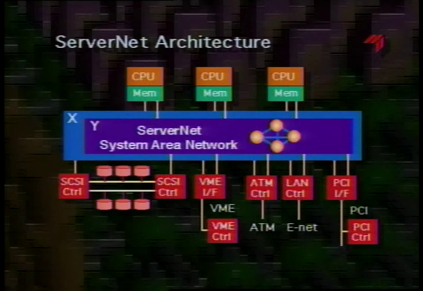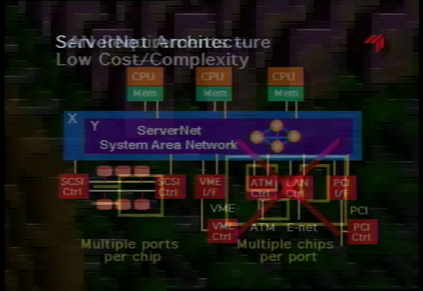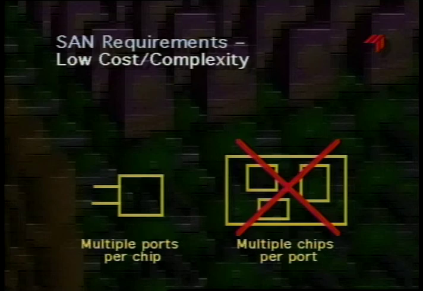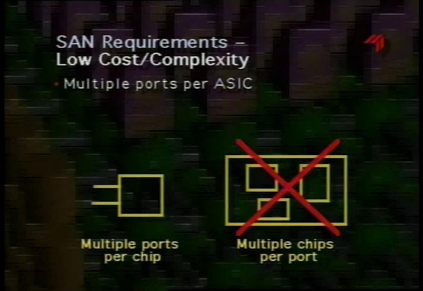The next important requirement for a system area network is cost. From the first diagram of a system area network, you'll remember that there are quite a few connections to the network. We can't afford to have an entire board full of logic required to interface each one of those peripherals to the network. That would affect both the cost and the system reliability. So one of the key requirements is to keep the network simple enough that it can be implemented in a way that we can have multiple ports on a single ASIC, or application-specific integrated circuit.